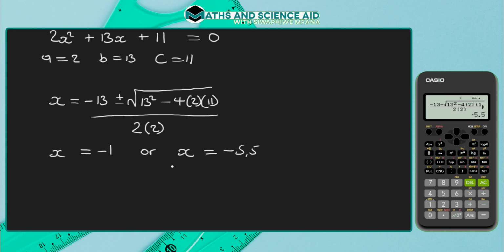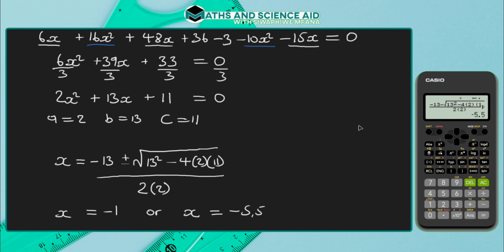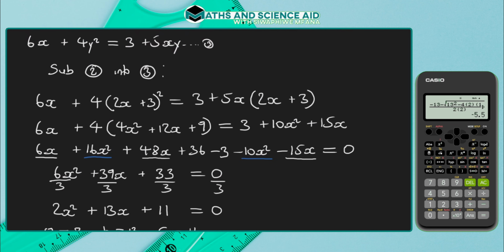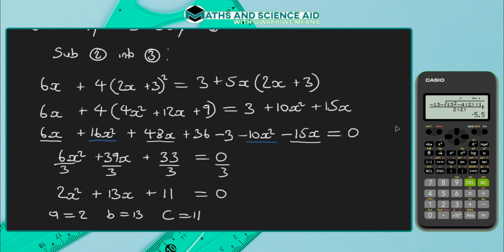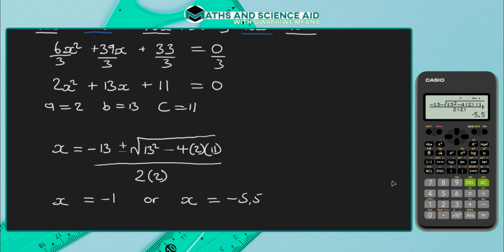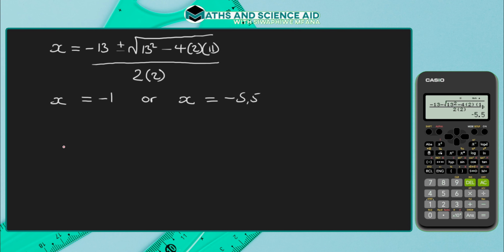And now we are left with finding the y values. And to do that, we can just make use of our equation number 2. Okay, because equation number 2 can give us the value of y if we know the value of x. So we can just sub in our x values into equation number 2.